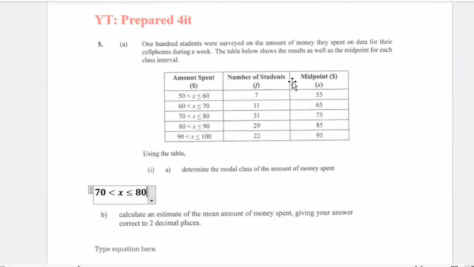So as we can see, this is the modal class because it has a frequency of 31. Mode speaks to the one with the highest frequency, the one that occurs the most, the event that took place the most. And in this case, it was 31, and that corresponded with the class interval of 70 to 80.